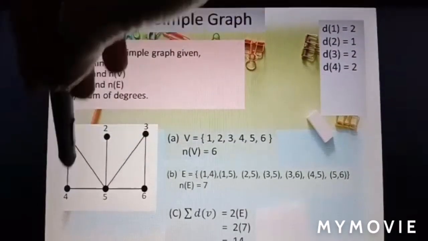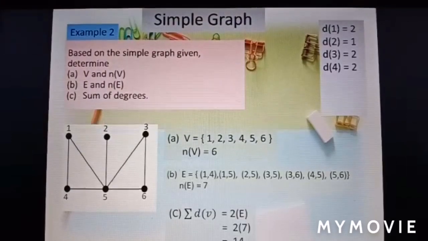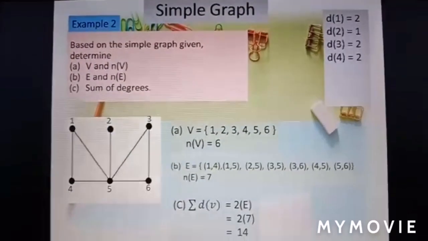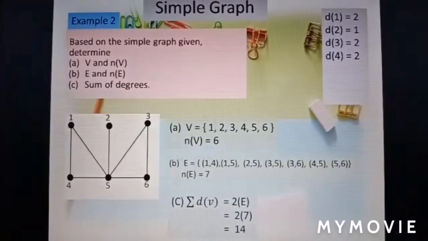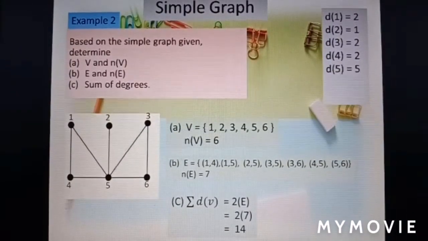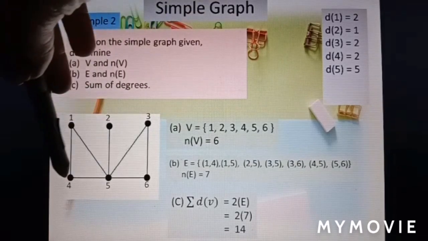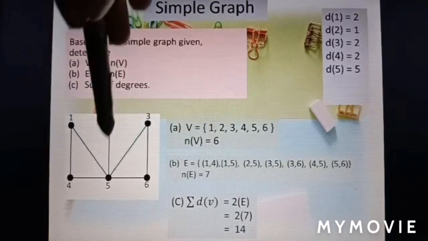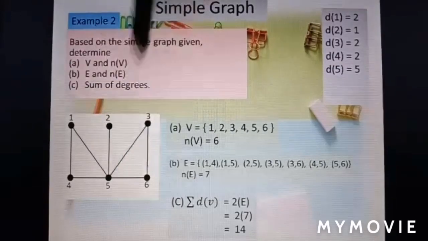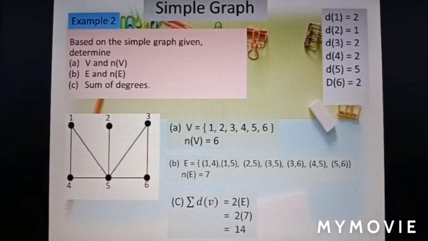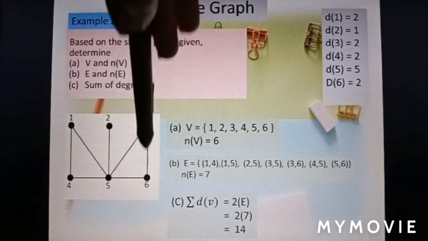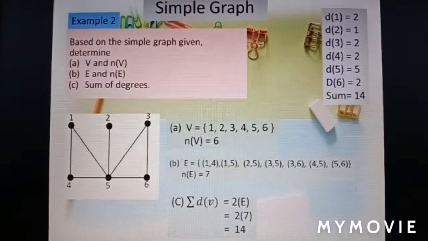Degree 4, we have 1, 2 also. Degree 5, we have 1, 2, 3, 4, 5. And degree 6, we have 1, 2. And the sum is 14.